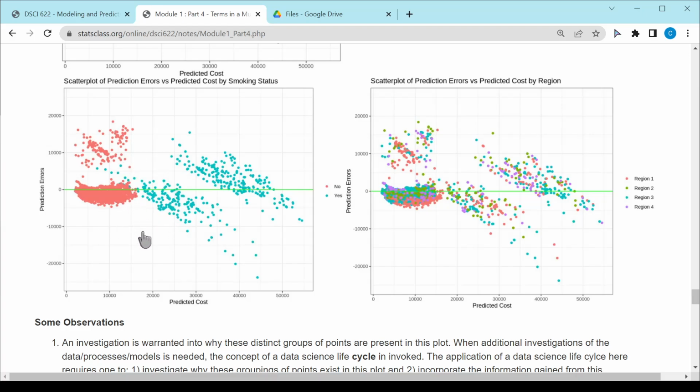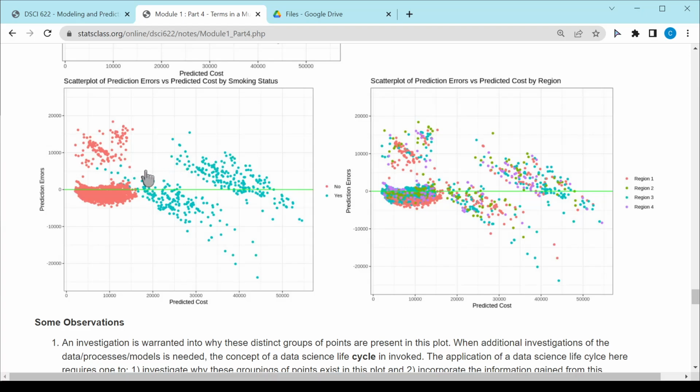For the most part, this greenish blue is for my smokers, and they tend to have higher predicted costs than my non-smokers. There's a pretty clear distinction here of about $15,000 or so: if you're a non-smoker, I can expect the out-of-pocket costs to be typically not more than $15,000.